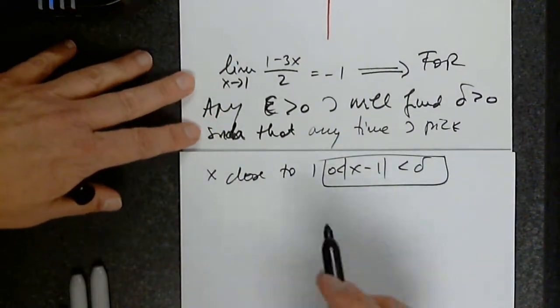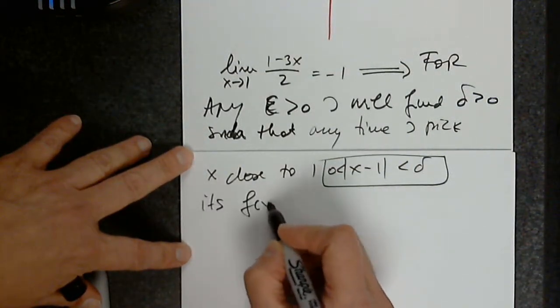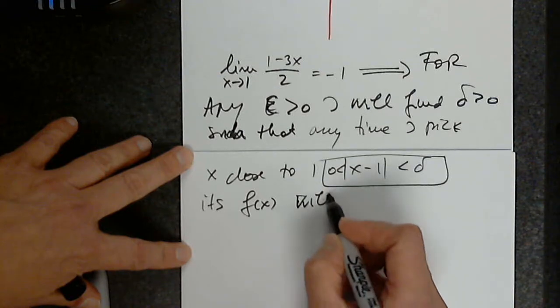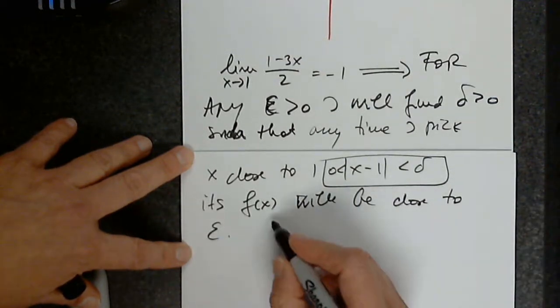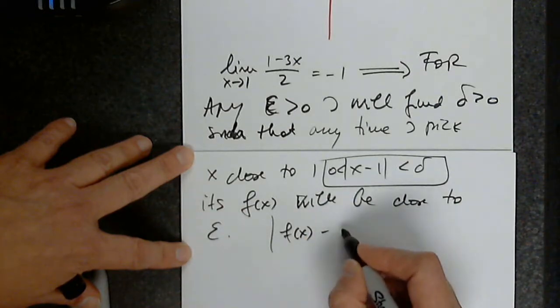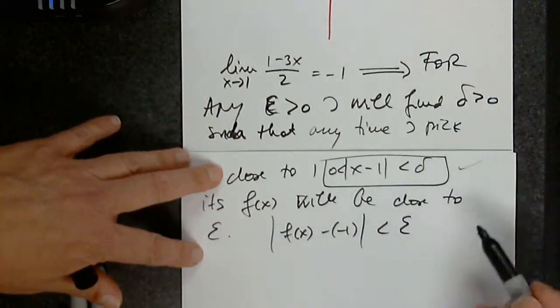Every time I pick x close to 1, its f of x will be close to negative 1, so the absolute value of f of x minus negative 1 is less than epsilon. I have no choice. This is part of the definition.